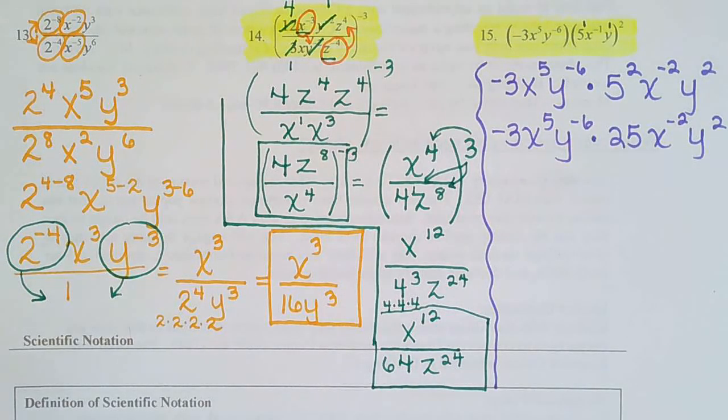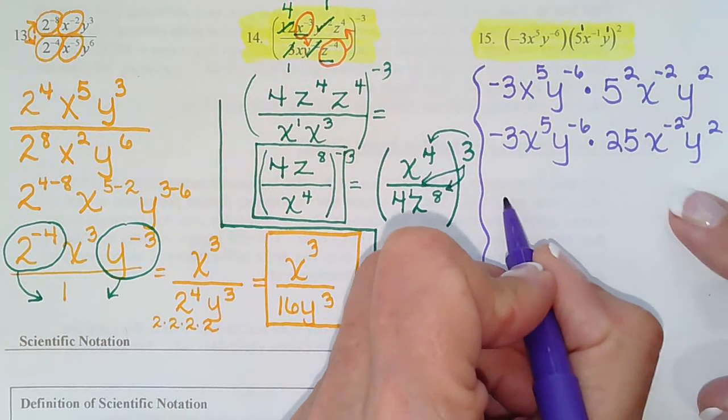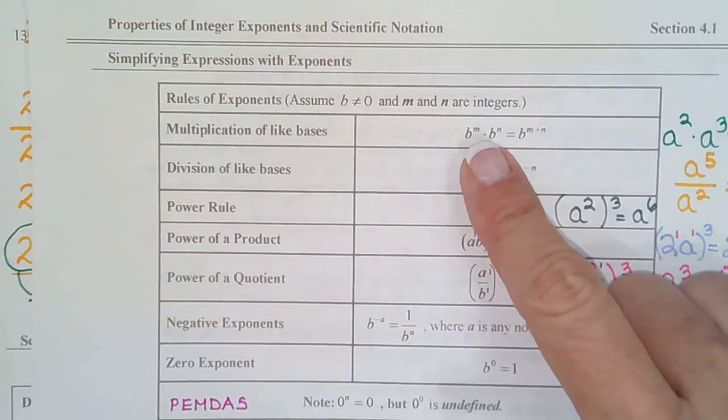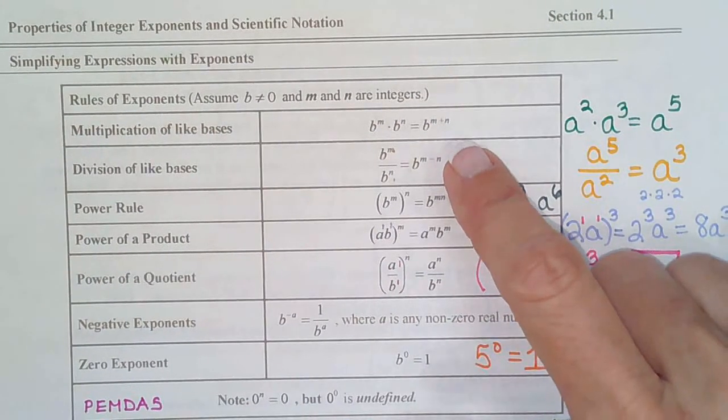And now the hard work is done, because now it's just a simple multiplication problem. So we multiply our coefficients. Negative 3 times 25 is negative 75. And according to the multiplication rule, we keep our bases the same and we add our exponents.